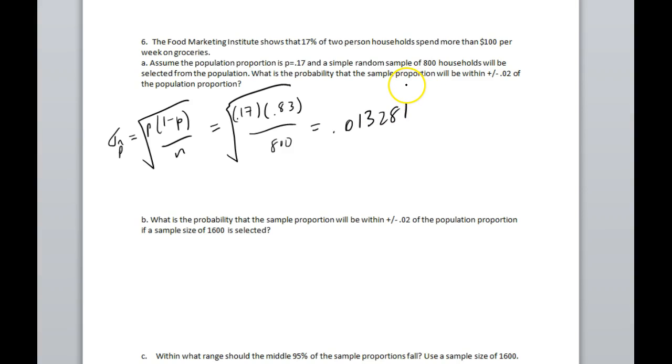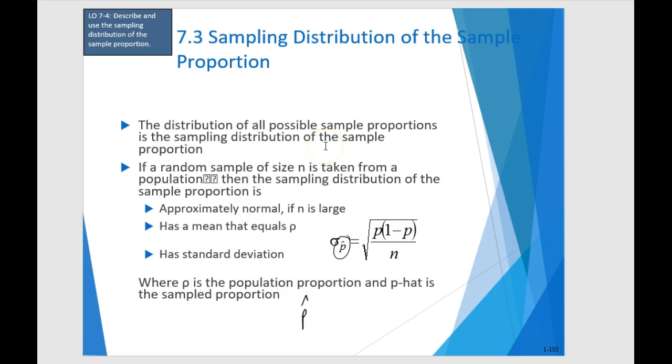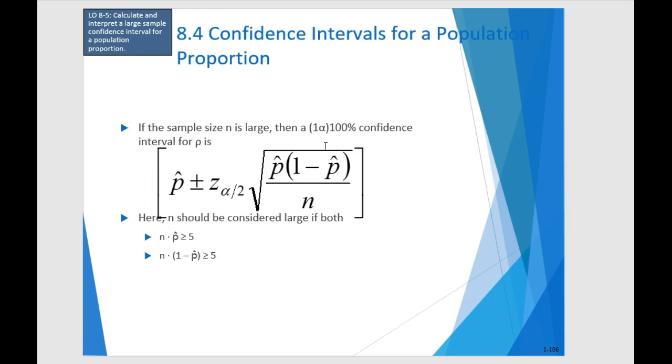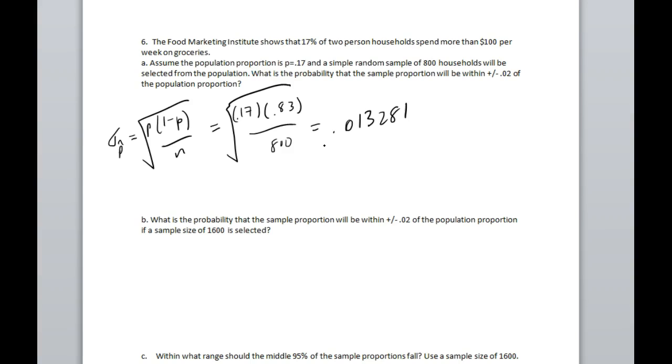So that's our sigma. Now if we want to know this likelihood, we're going to run this calculation just the same as we would anything else. We're going to find a z-score. So we're going to run the plus or minus 0.02.